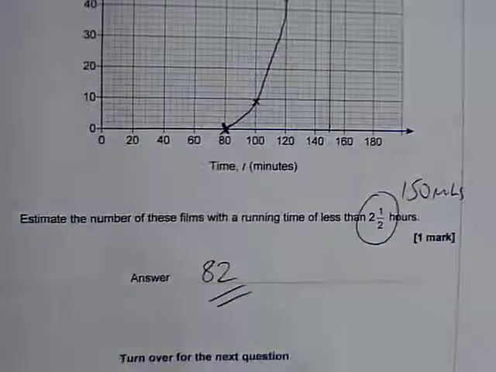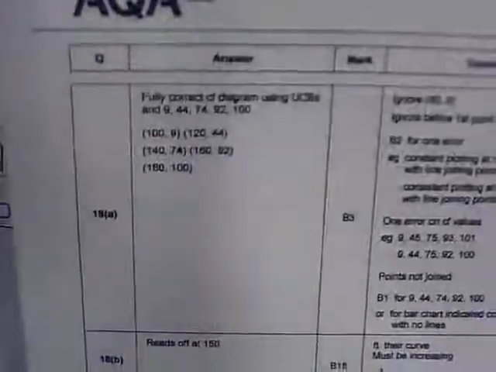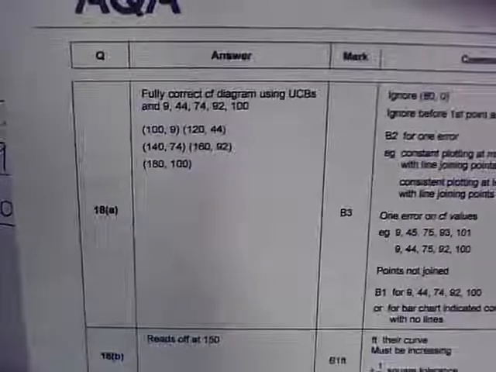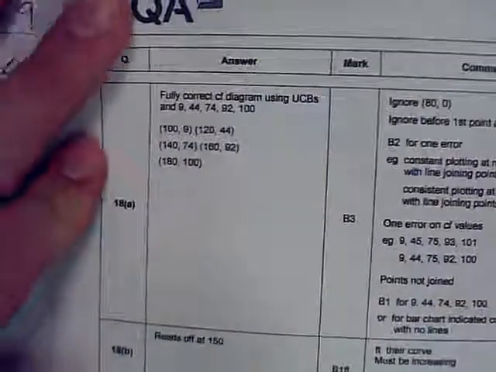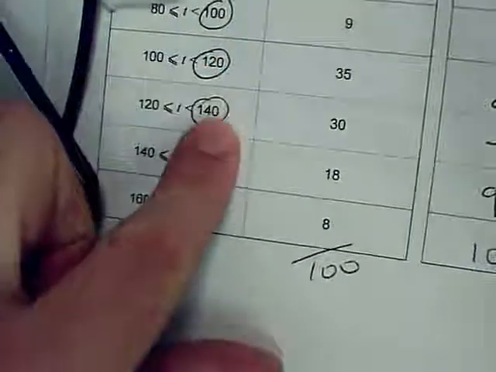If you look at the mark scheme for this question, we can see that a fully correct diagram using the UCB, so the upper class boundary, so that is these things here, 100, 120, 140. So if you've done that properly, you get 3 marks.